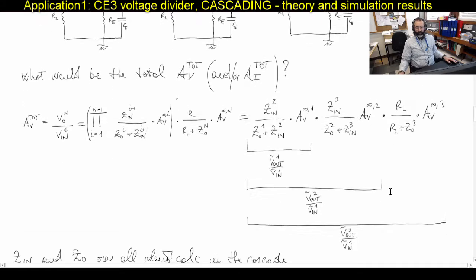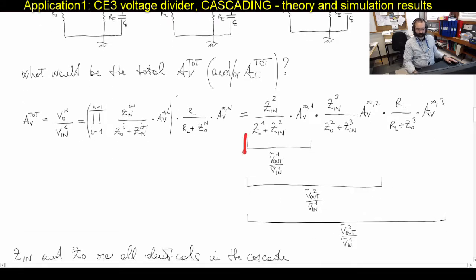And so by calculating just this quantity, I'm calculating the amplification of the first stage when it's connected into the cascade. So effectively V out 1 over V in 1 in the cascade, which is different, as you can see, from just this amplification because it's in the cascade.